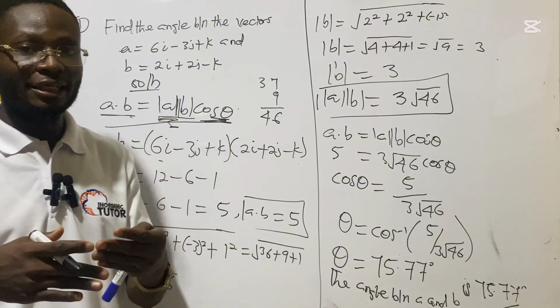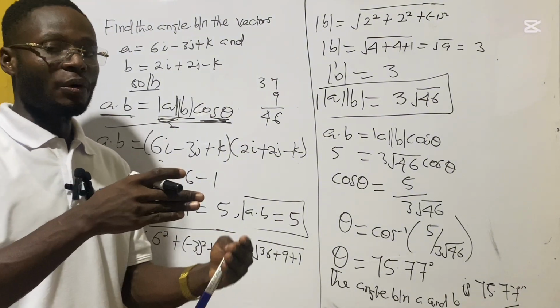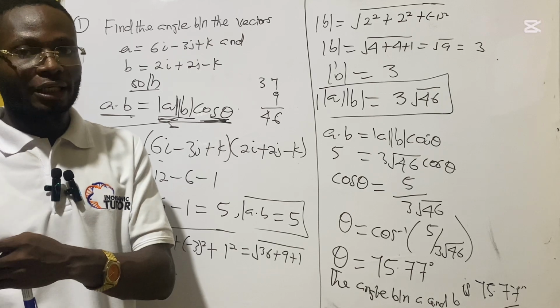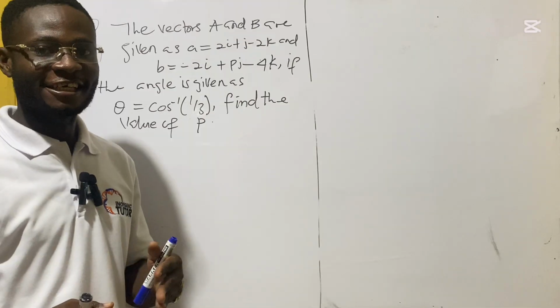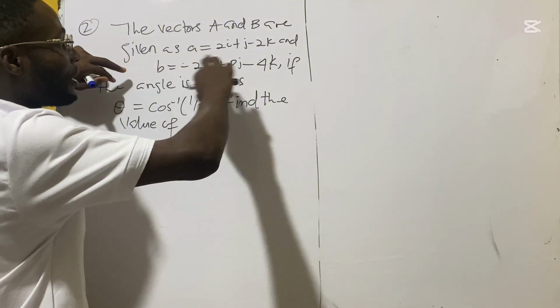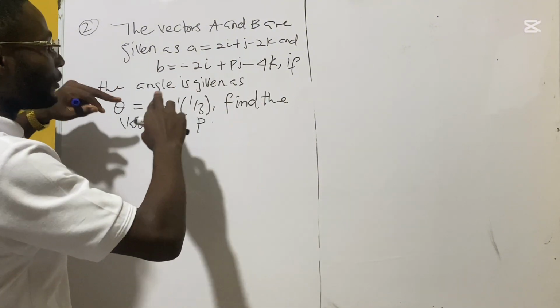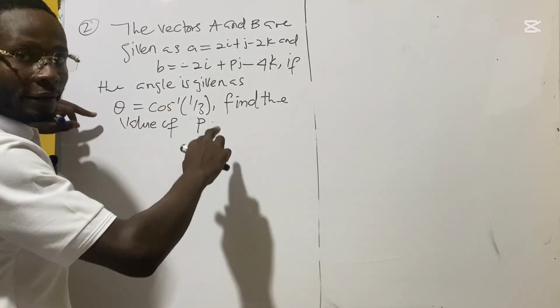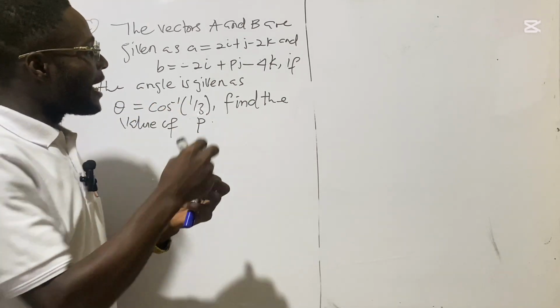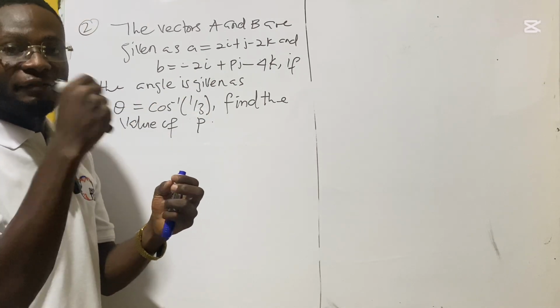Okay, so let's look at example 2 where we have our theta and we want to find the dot product. In this problem, we have been given the two vectors and the angle between them, and we want to find a certain missing variable.